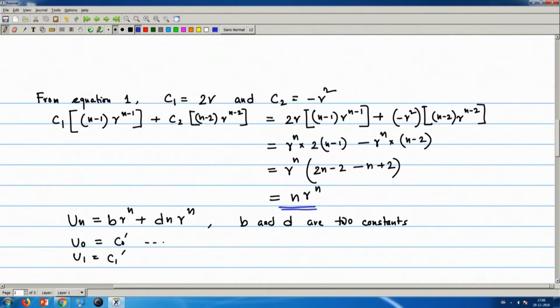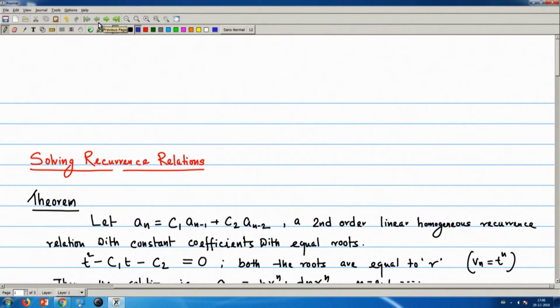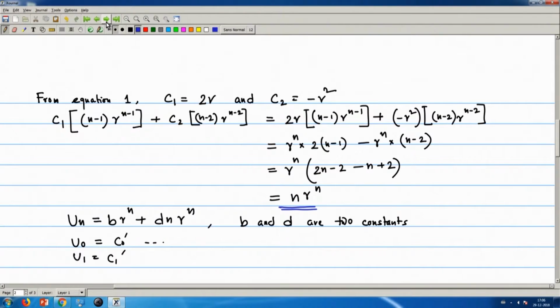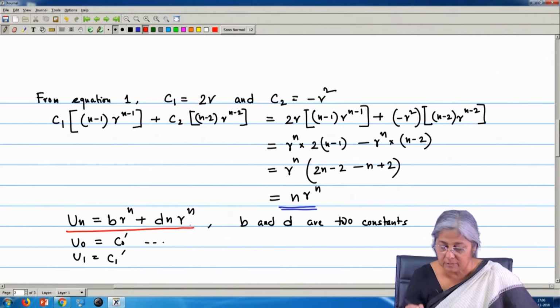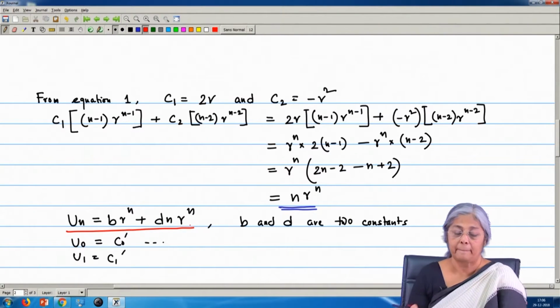So, if we see the theorem, this is a second order linear homogeneous recurrence relation with constant coefficients with equal roots, then we get the solution as u n equal to b r to the power n plus d n r to the power n.